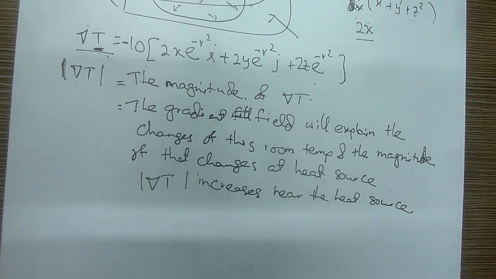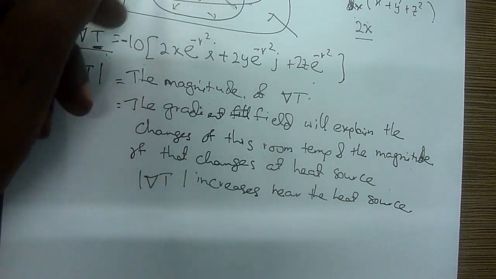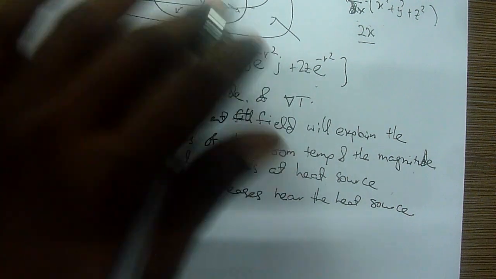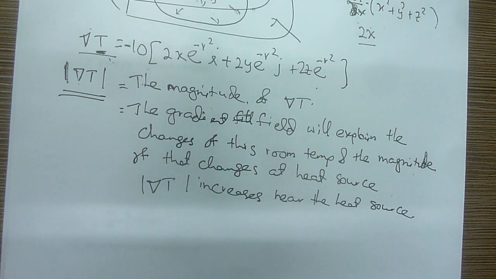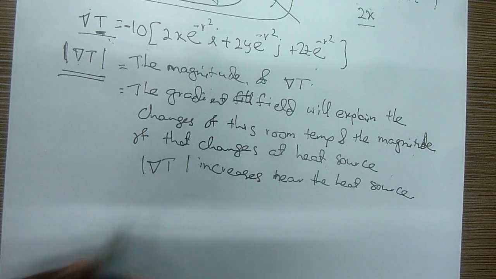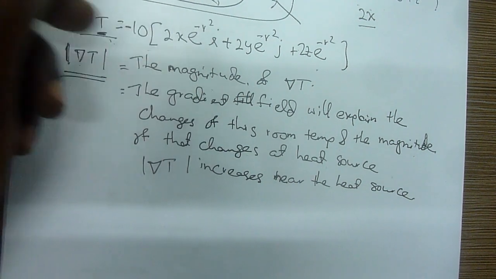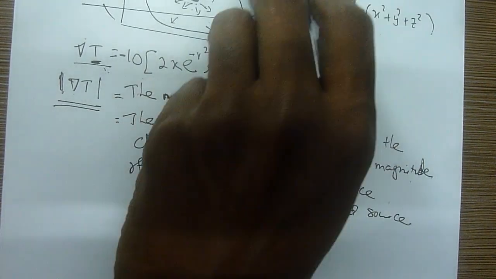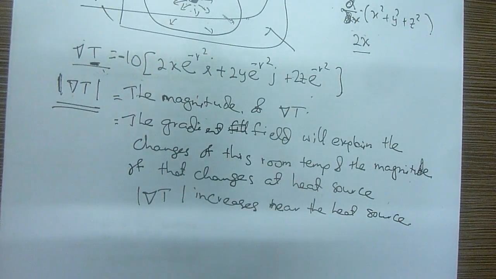Maybe this is one of the ways to explain the idea of the movement of the flow, the gradient of the temperature. It increases near the heat source. It's moving away. How do I know if it's moving away or moving towards? It's a negative. Negative is clearly understood. Negative means it's moving away.